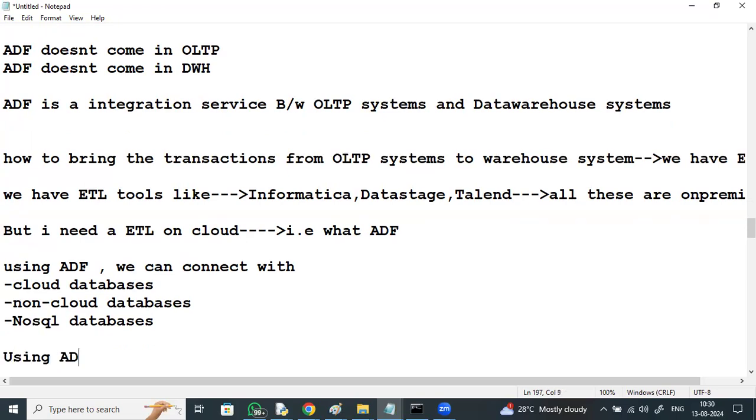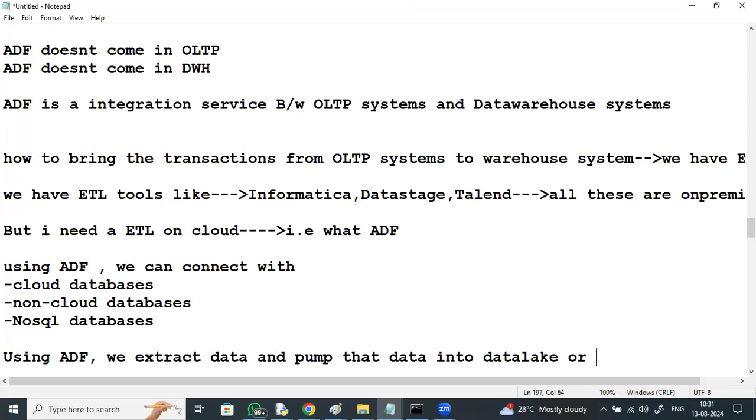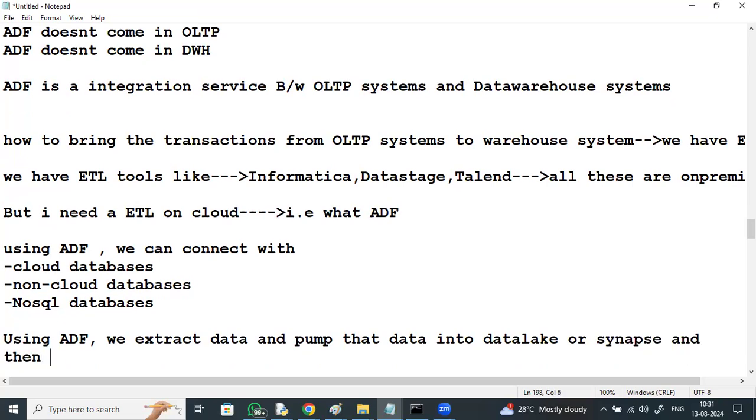Using ADF, we can extract data and pump it into the data lake or Synapse, and then perform transformations.